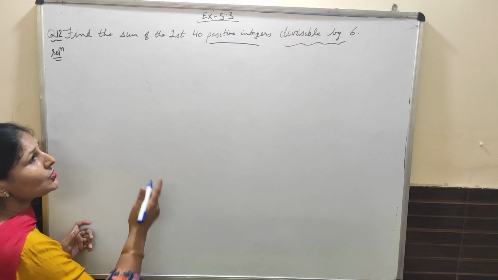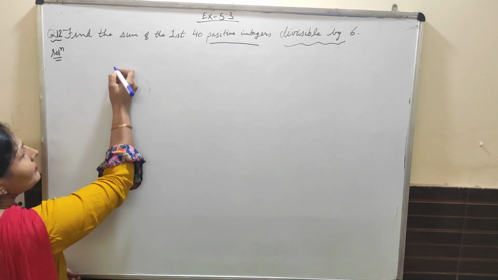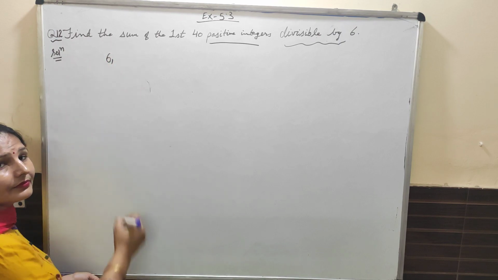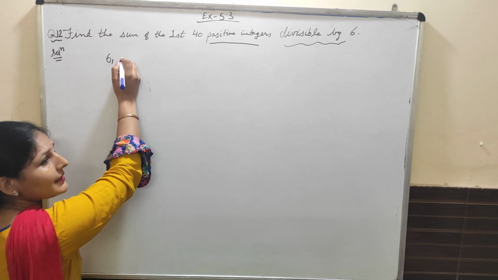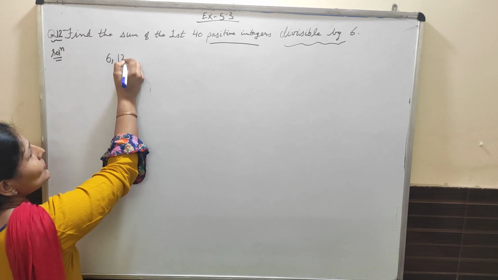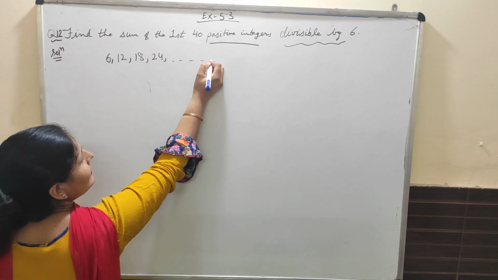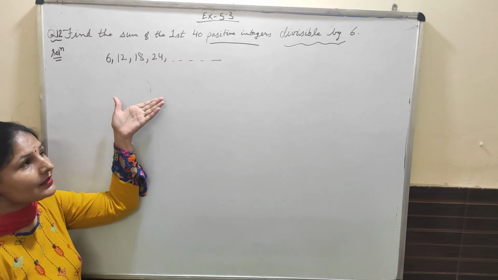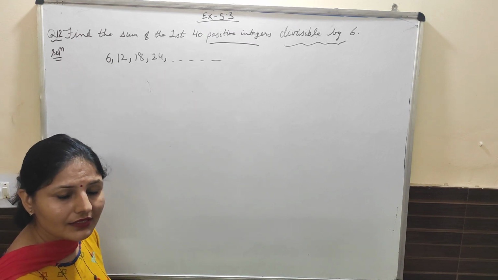So the first positive integer which is divisible by 6 will be 6 itself. The next is 12, then 18 and so on. These are the positive integers which are divisible by 6.